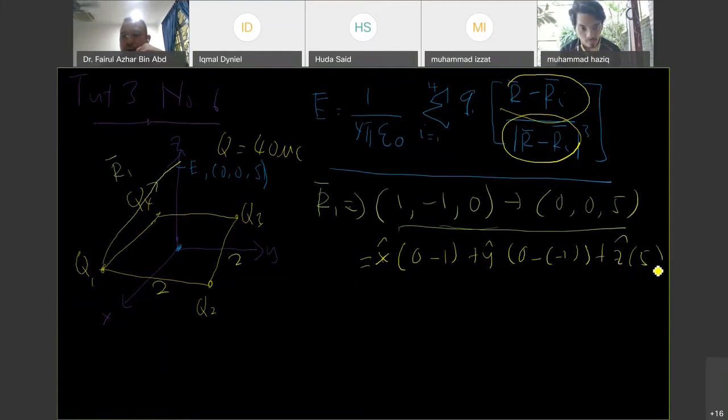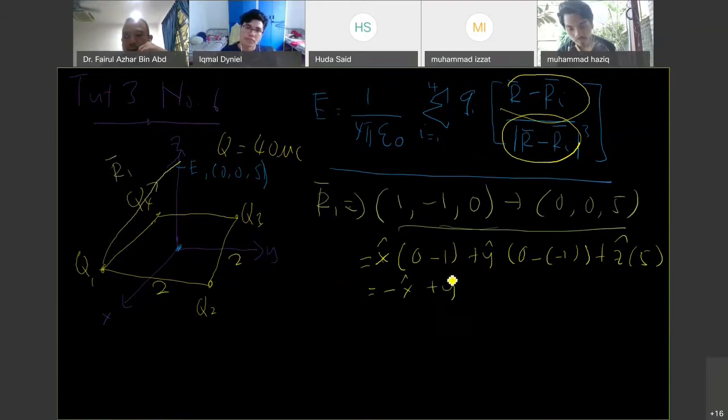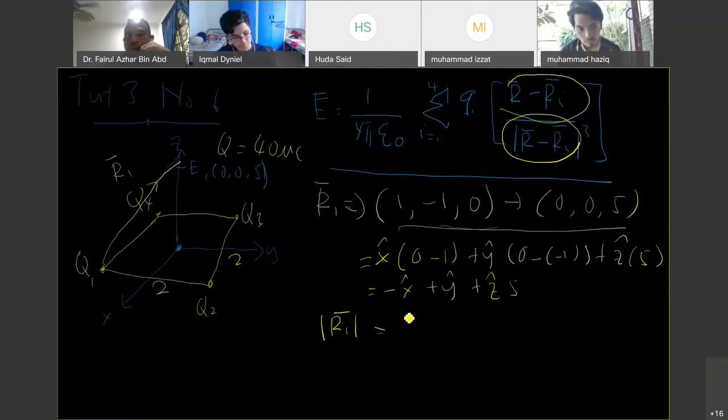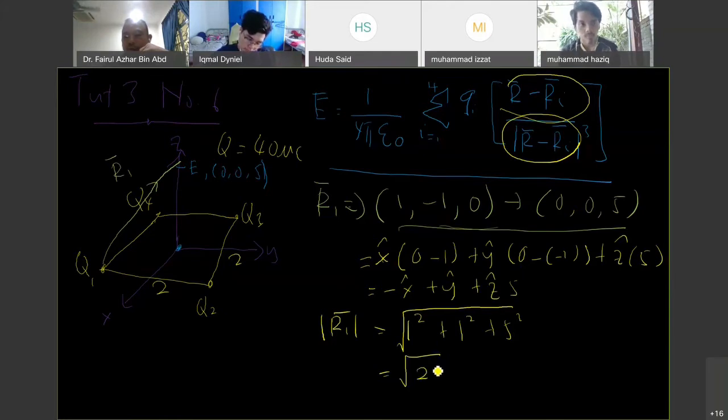Then we have minus x cap plus y cap plus 5 z cap. The amplitude is the square root of 1 squared plus 1 squared plus 5 squared, so the square root of 27.